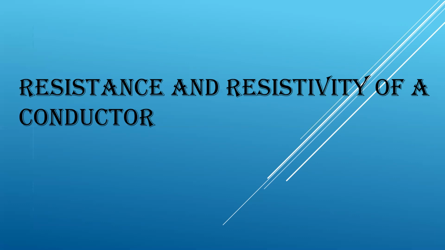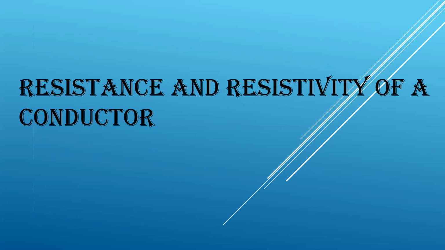Right children? During the motion of these electrons, what happens? The atoms or the ions which are present in the conductor collide. But this happens when we connect the wire to the electric board, the switchboard. All the electrons which were moving in any direction now move in one direction, from lower to higher, from the negative terminal to the positive terminal.